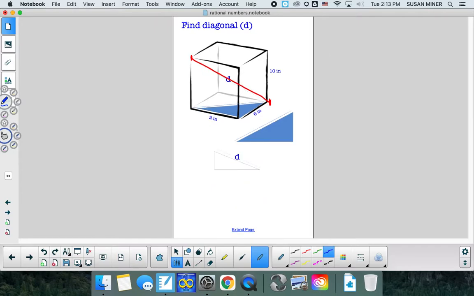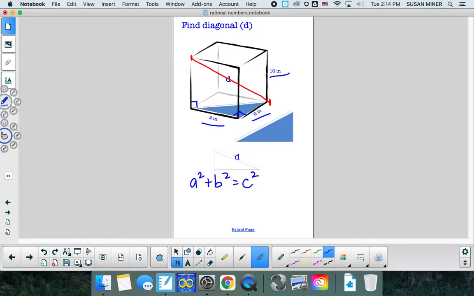Remember, when I had a 2D shape, this makes a right triangle in here, right? And I have a couple of different right triangles that are in here. I can use this idea of three side lengths. We're going to use the quick method here in order to be able to find the diagonal, but I have three sides instead of two sides. And so when I had two sides, remember, a squared plus b squared equals c squared.